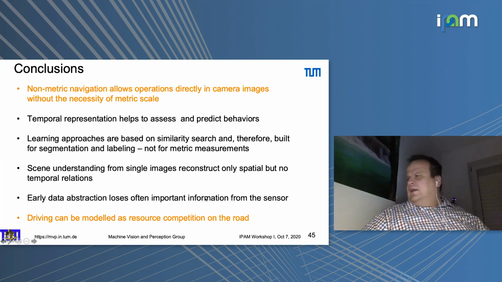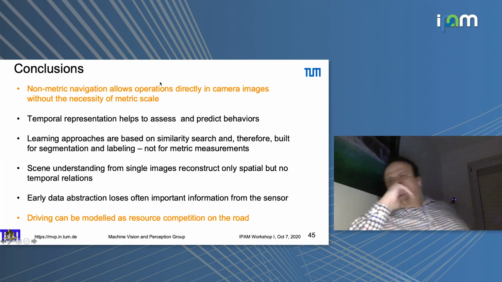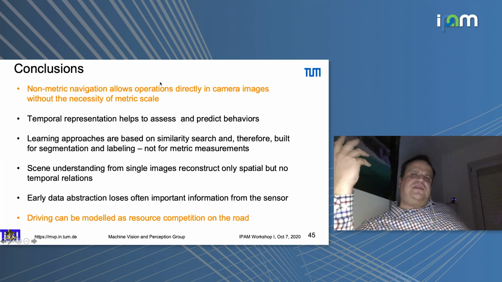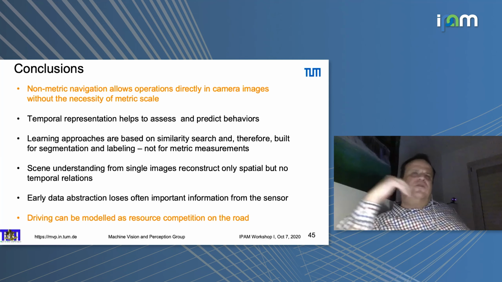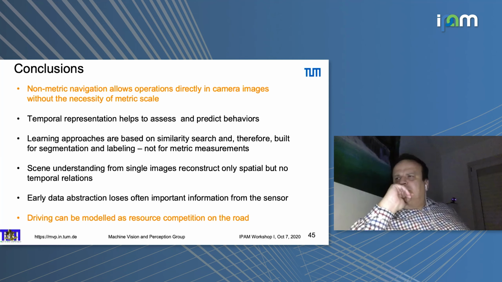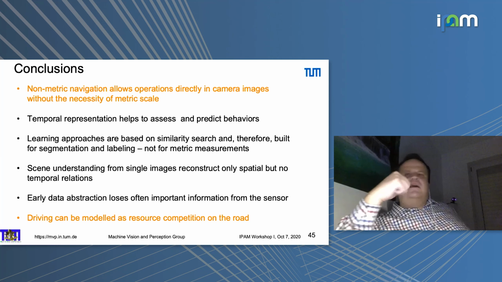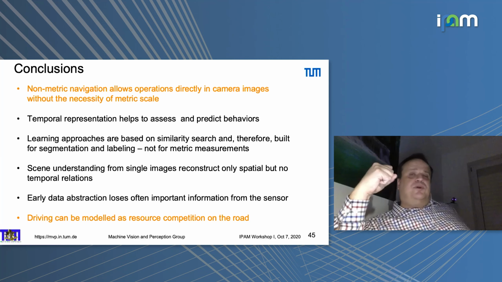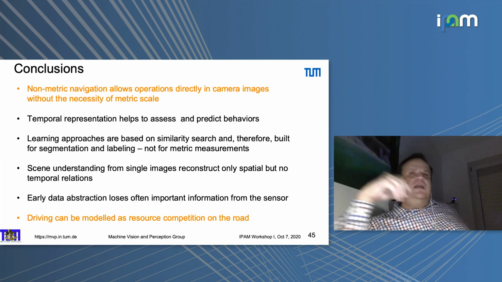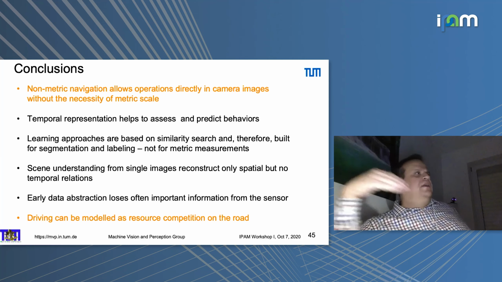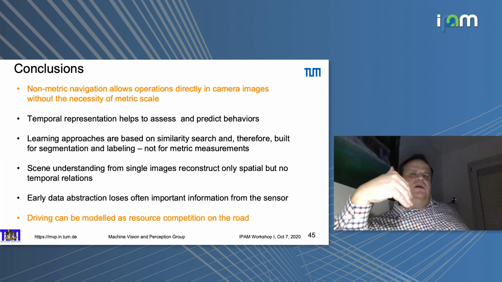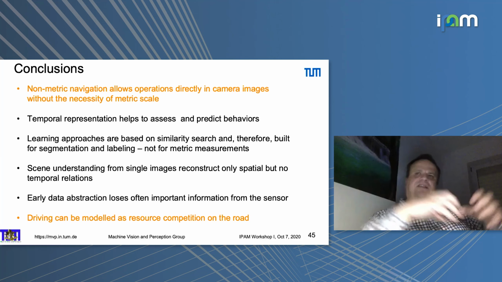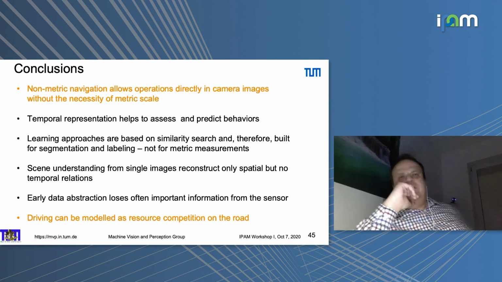So what I tried to convince you is basically that there are two sides of the medal. On one hand, of course, it's very important to get metric information to navigate in a metric space. This is important for all the logistics like parking or navigating through traffic jams, because the motion of the car is very slow and the signal you would get in the optical flow is very tiny.